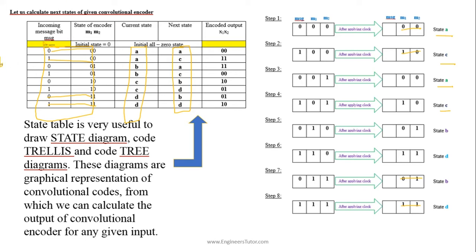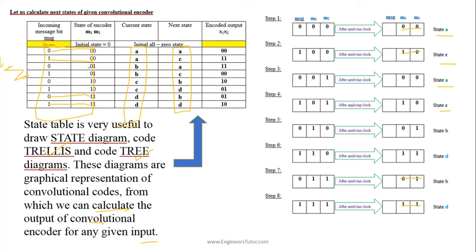State table is useful to draw the state diagram, trellis diagram and tree diagrams. From these diagrams we can find the output of the convolutional encoder for any given input. So please remember this.